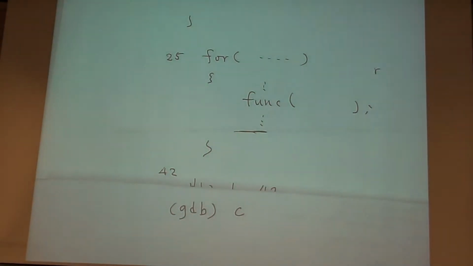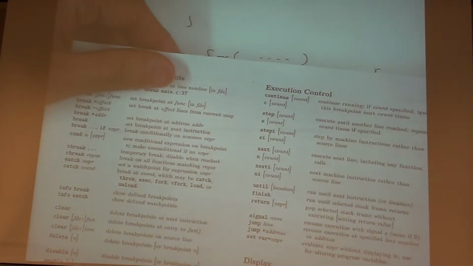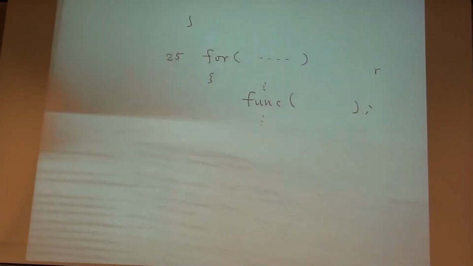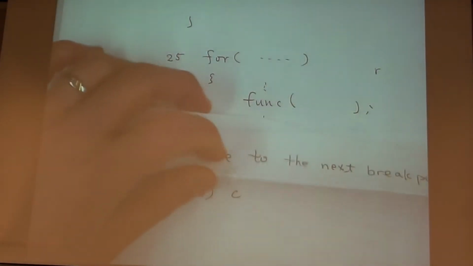Oh, and in the paper they say you can use comment counts after the steps next. Is that like how many loops? Yeah, you can say, I want to ignore a breakpoint for so many times.